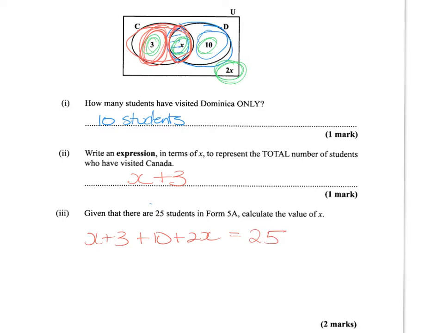So this becomes simple algebra. We get 3x plus 13 is equal to 25. 3x is equal to 25 minus 13, which is 12. So therefore x is equal to 4, and we have found the value of x.